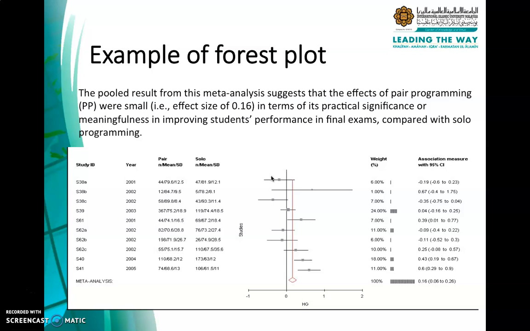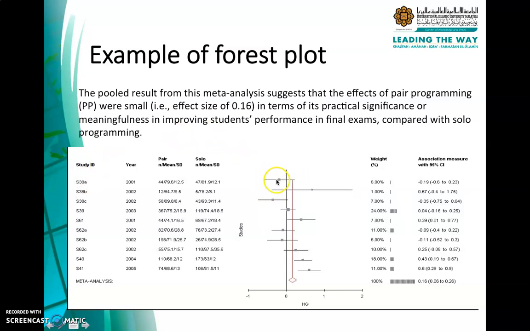For each individual study, they actually presented quite diverse findings, although these studies are homogeneous in the sense that they are all doing experiments comparing pair programming and solo programming, and they are all using students at higher education institutions as their subjects.